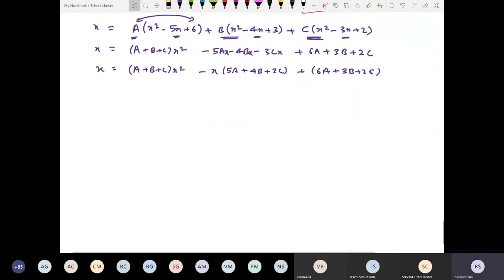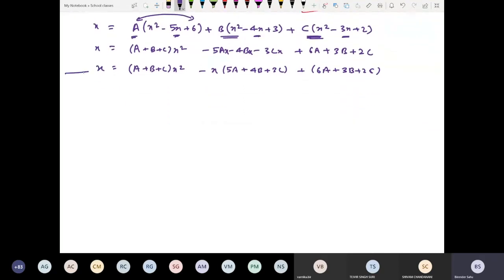Now try to simplify. We can compare the coefficient of x square. What is the coefficient of x square on the left hand side? Yes, on the left hand side it is 0.